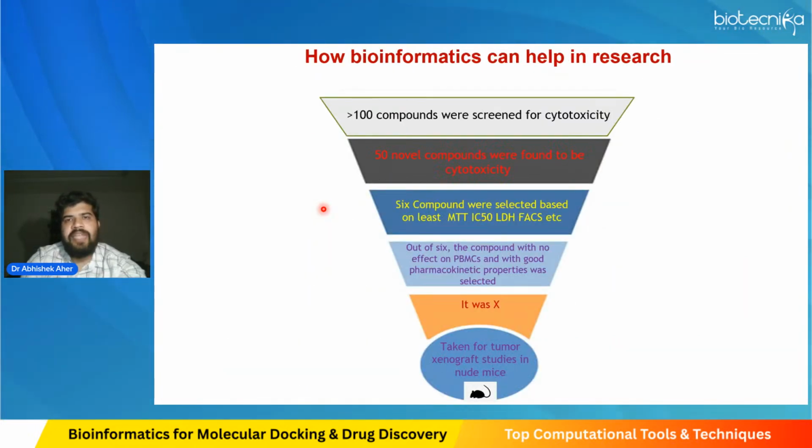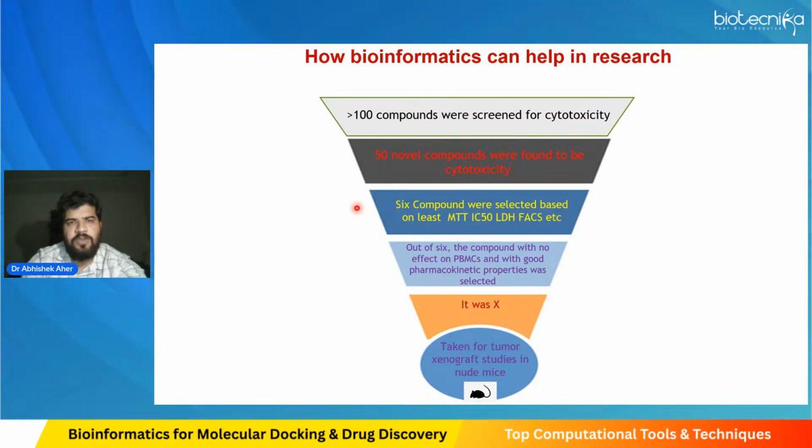So how can bioinformatics help in research? In one of my projects, we screened more than 100 compounds for cytotoxicity against cancer, and we found that only 50 of these compounds showed cytotoxicity.